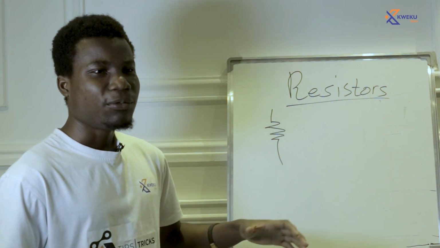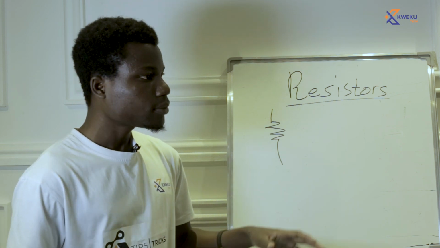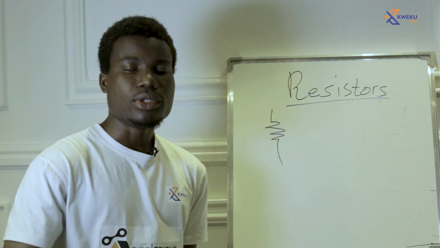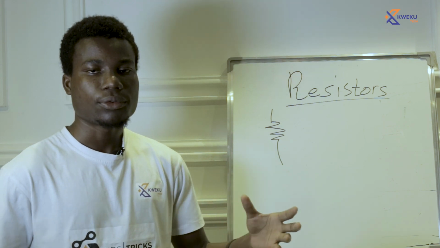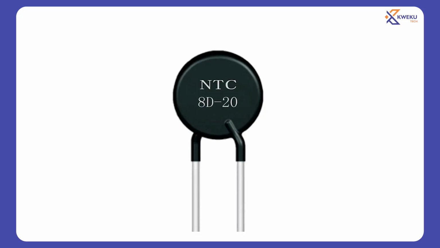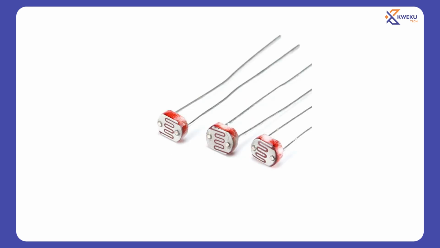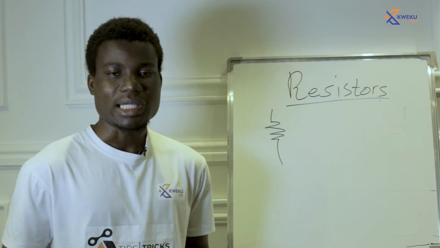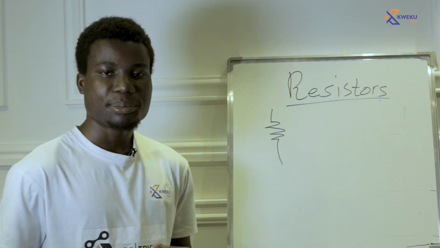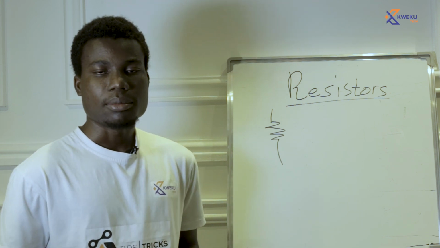There are various kinds of resistors. When you search, you will see that there are a lot of resistors. We have the thermistor, we have the thermoresistor, we have the variable resistor. We have light-dependent resistors, which I've done a couple of things with. You would see that it's very practical when you use light resistors.